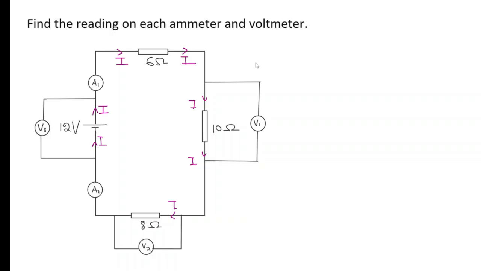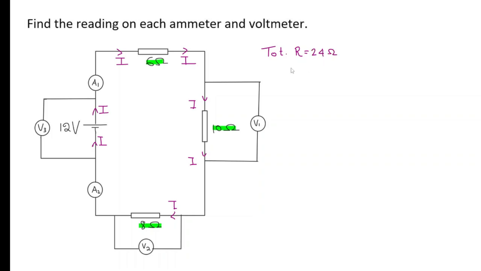Now let's find the total resistance of the circuit. The total resistance is the sum of 8 and 10 and 6. So 8 and 6 is 14, and 10 is 24 ohms.